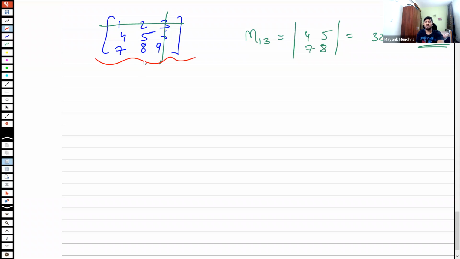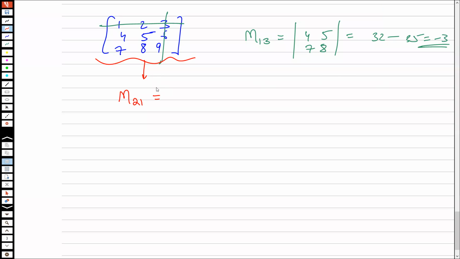Suppose for this same matrix, I ask you M2,1. What is this going to be? Give me the final answer. Don't give me the matrix. Just give me the final determinant answer. -6. Okay. So for M2,1, I would eliminate the second row and first column.